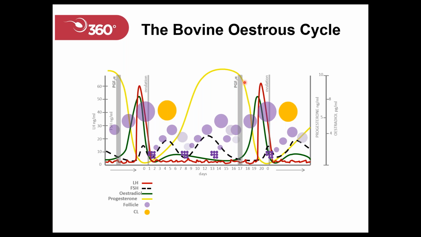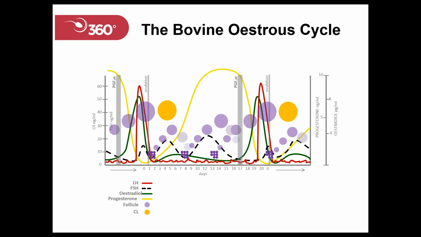The use of prostaglandin then causes the demise of the CL and removes circulating progesterone, allowing that follicle to grow through. Now, as the dominant follicle grows, it increases in estradiol content, and following estradiol, you then see a surge in LH. And this surge in LH then causes ovulation, and the cycle starts again.